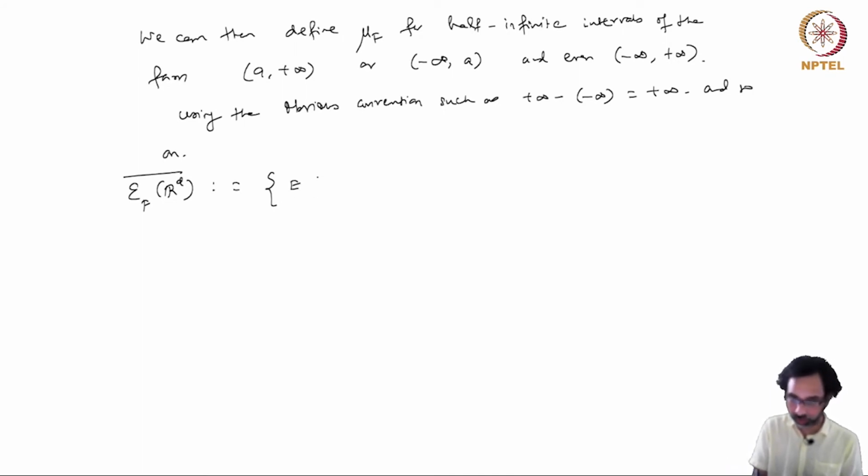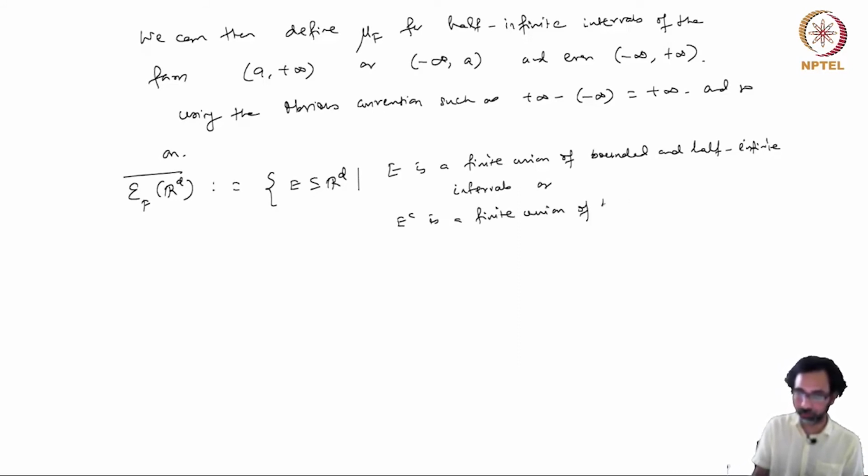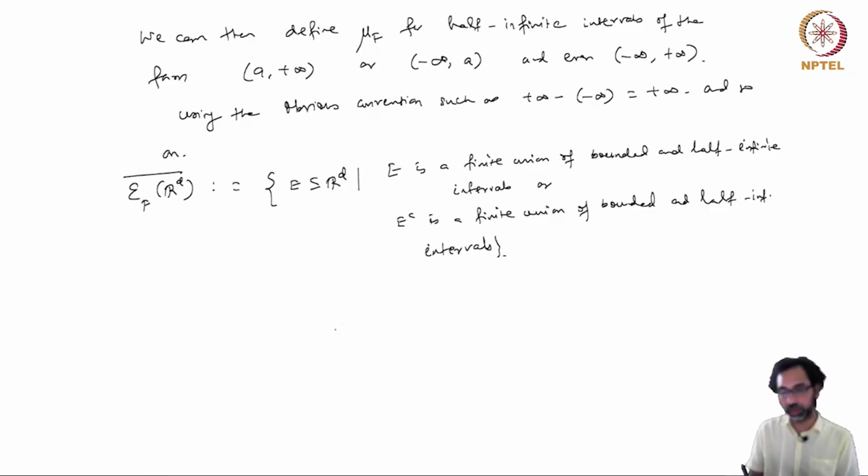So E, a subset of R^D, says that E is a finite union of bounded and half infinite intervals, or the complement is a finite union of bounded and half infinite intervals. So this gives us a new Boolean algebra. One can check that this is a Boolean algebra.